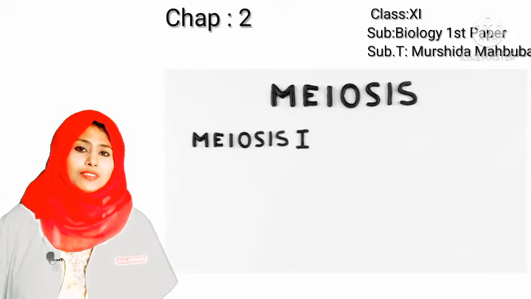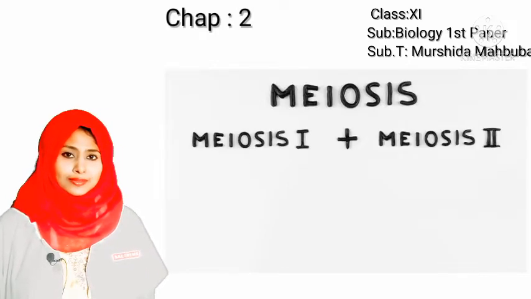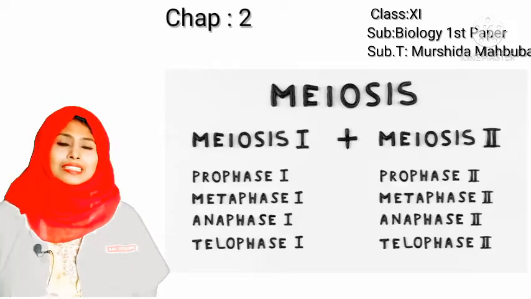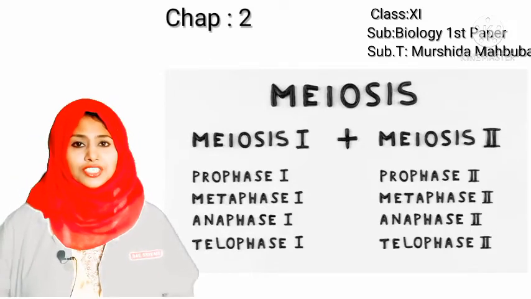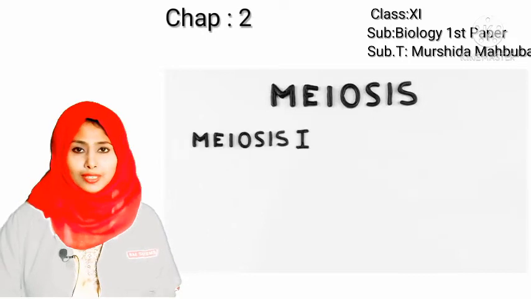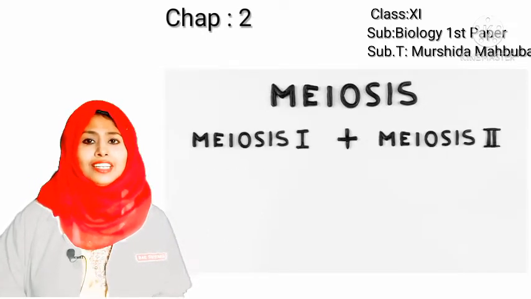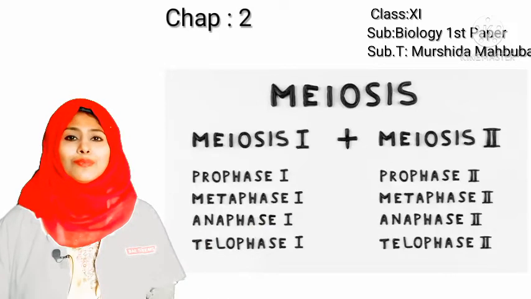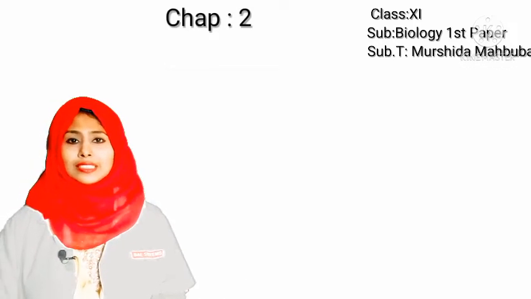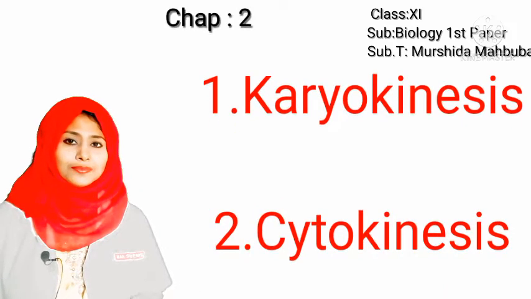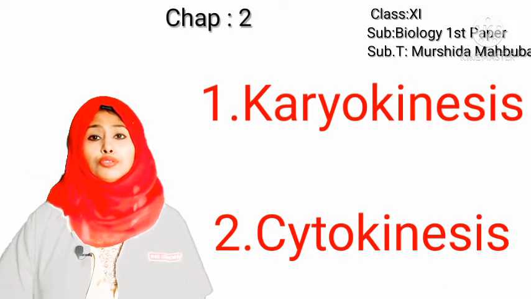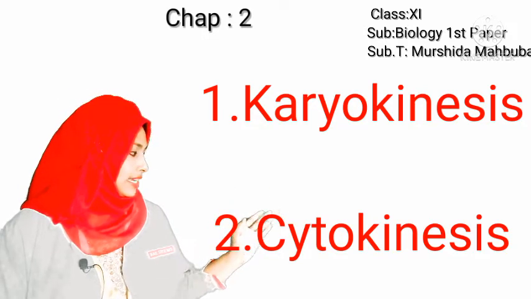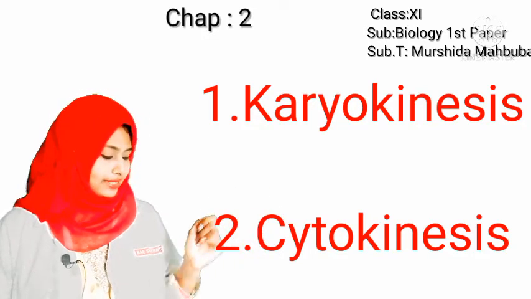In this division, the nucleus divides twice and the chromosome divides once. The first nuclear division is meiosis 1 and the second nuclear division is meiosis 2. Both of these divisions involve 2 major steps, one karyokinesis and two cytokinesis.